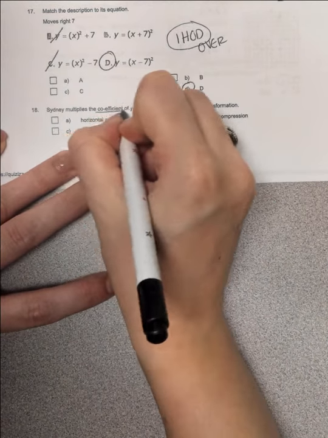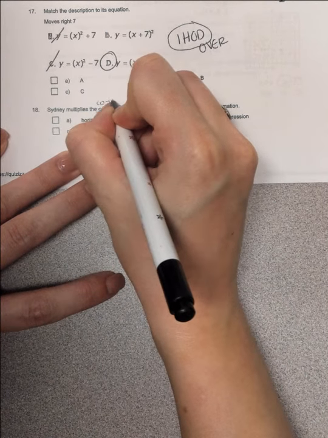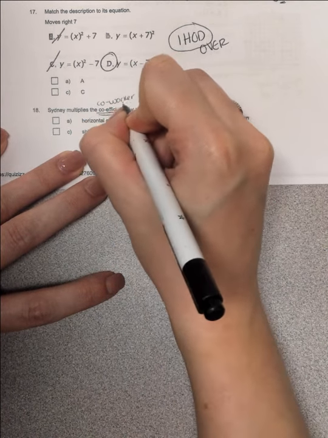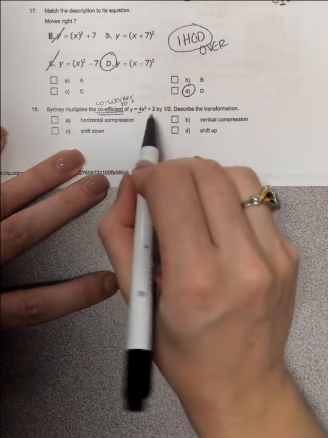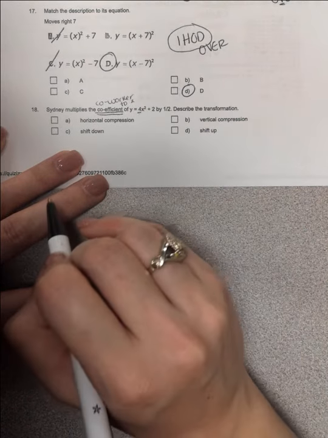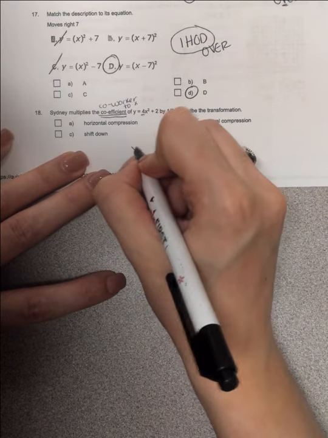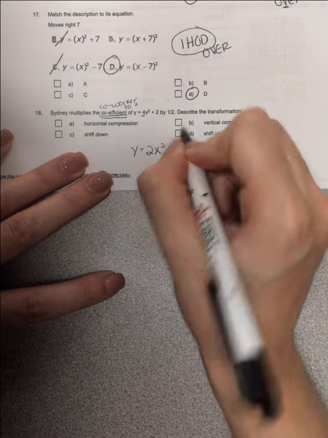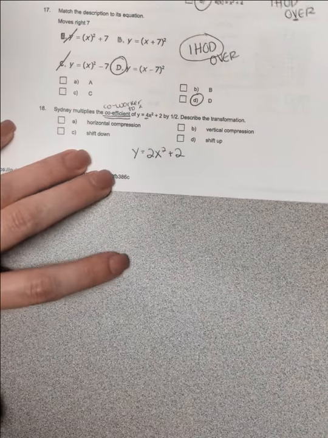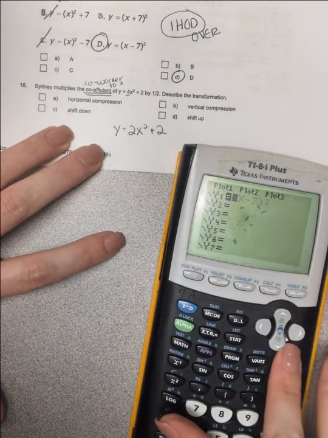All right, Sydney multiplies the coefficient. Ooh, what is a coefficient? Co-worker to x. So it's that number in front of x. So this number right here. So she multiplies this by 1/2. So your new equation, half of 4 is 2x squared plus 2. Let's compare it.